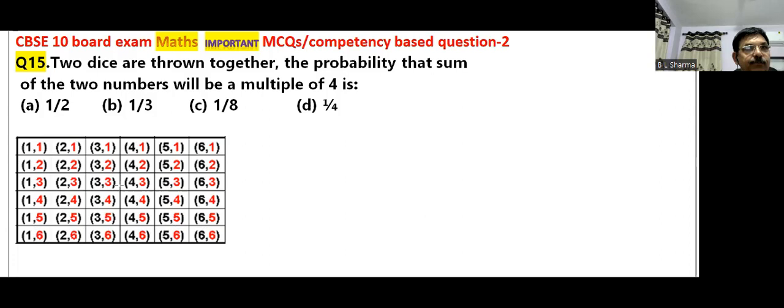ये टोटल पॉसिबल आउटकम्स when two dice are thrown together will be 36. अब क्वेश्चन ये है कि इसमें जो 4 से डिविजिबल है, जो 4 का मल्टीपल है, वो फाइंड आउट करेंगे। 4 की टेबल में क्या आएगा, देखिए इसका सम। Therefore 1 and 3, the sum is 4, and 2 and 2, this is second.